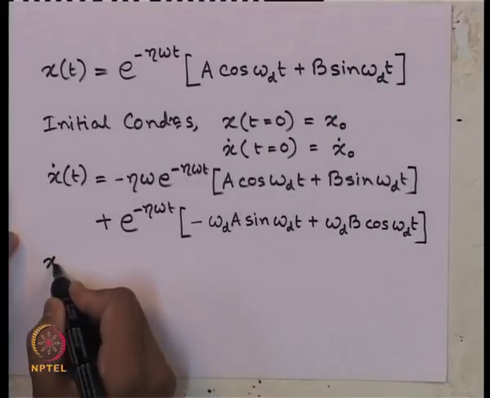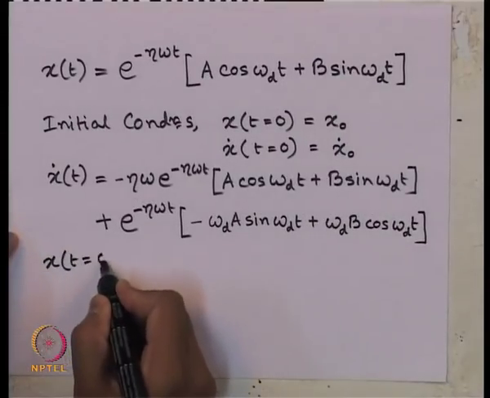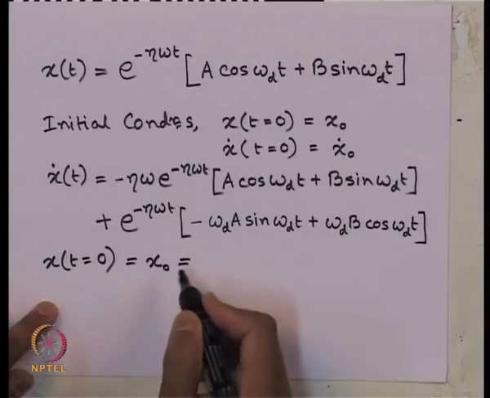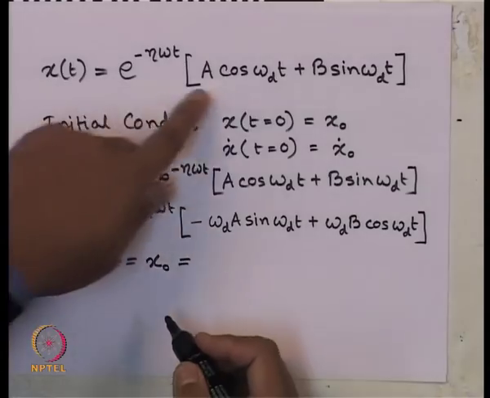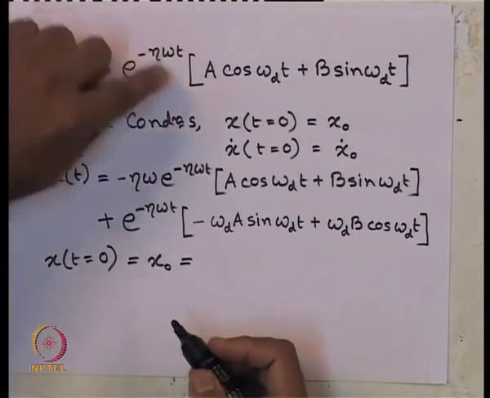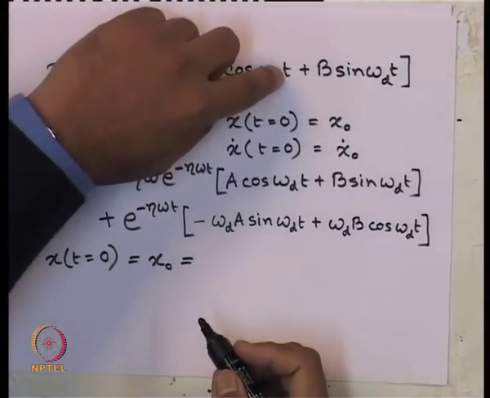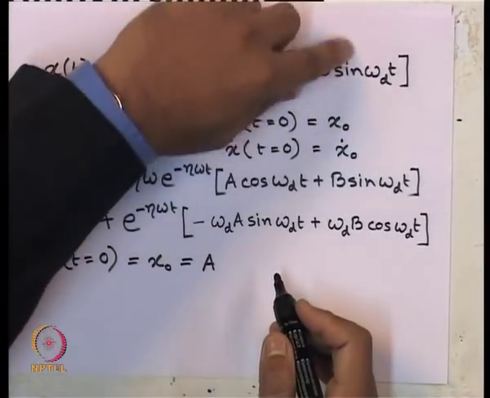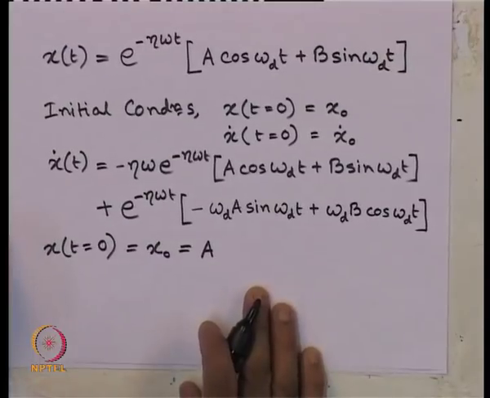Now, let me put that initial condition given to us, x at t equals 0 is x naught. If we put it in this expression, this becomes 1, this is 1 because of t equals 0. So, only we get a, this vanishes because sine function with 0 vanishes.